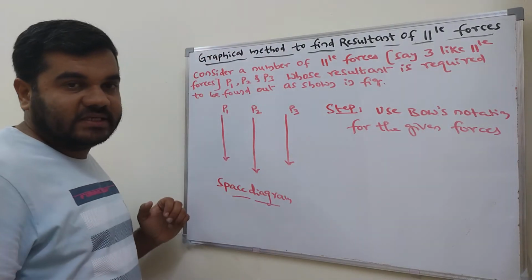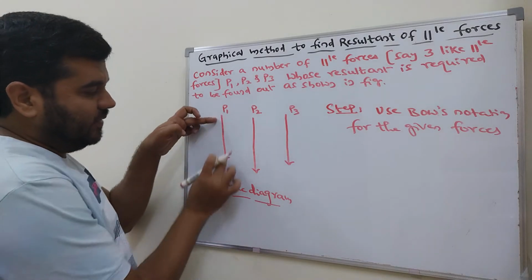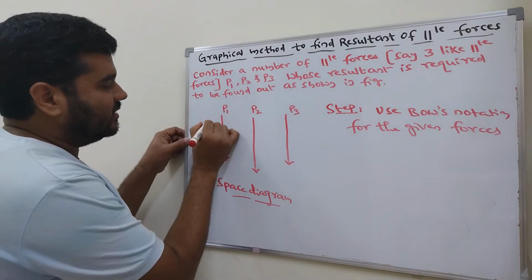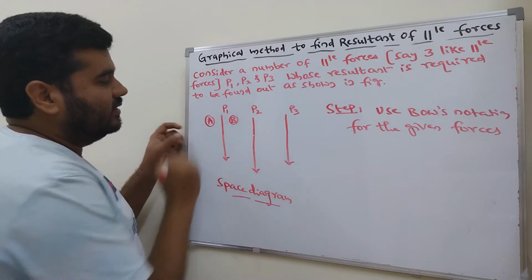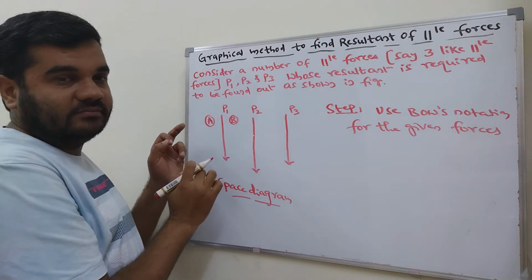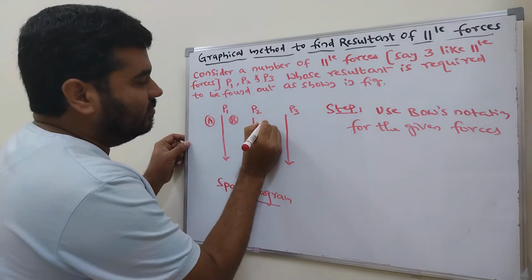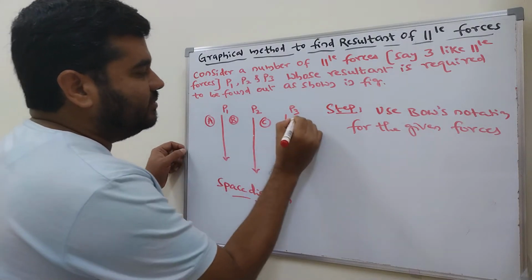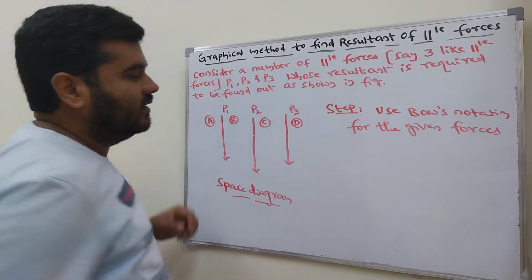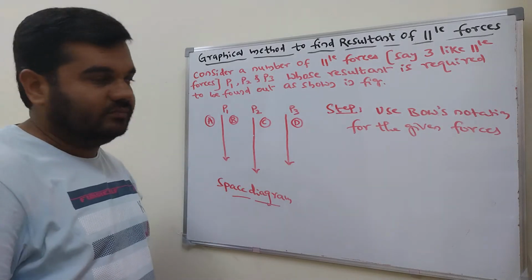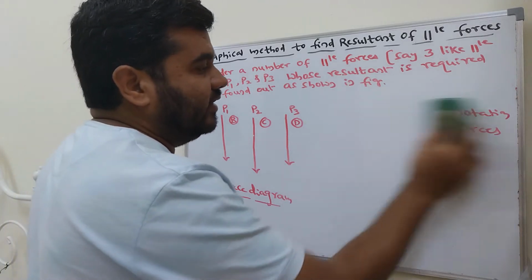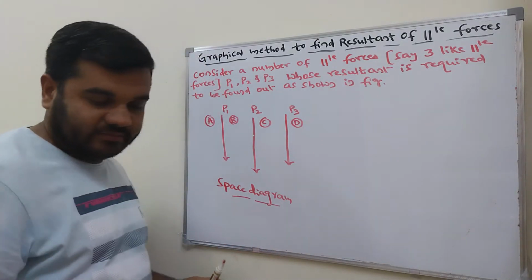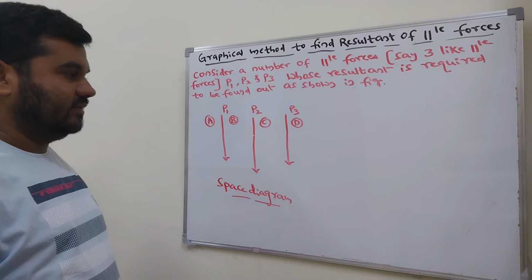As I explained in the previous video, just mark force P1 between A and B. That is, P1 lies between A and B. Similarly, P2 lies between B and C, and P3 lies between C and D. This is how Bow's notation works. This will be helpful while drawing the other vector diagram. That is the first step.